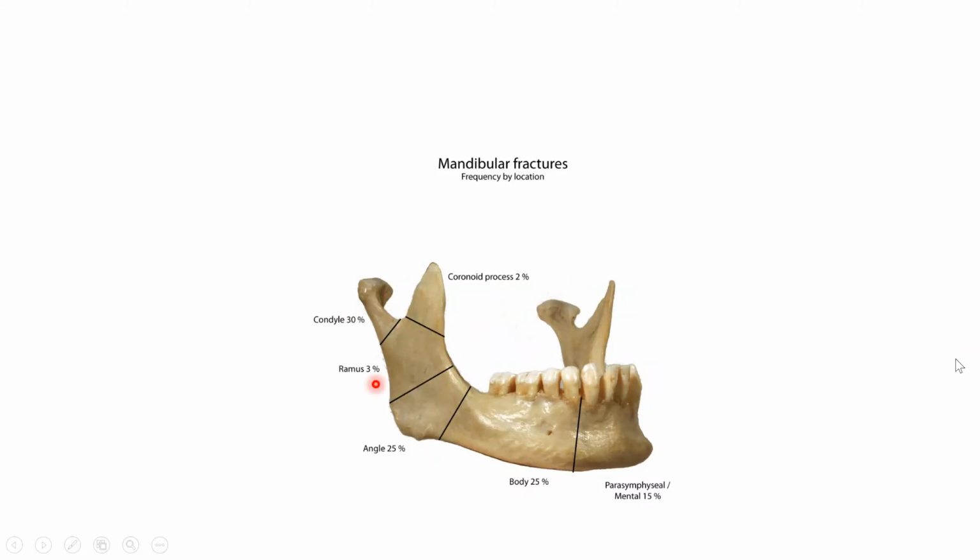And also, there are very few fractures on this because this is very thick, hard bone. And then the rest is 25% at the mandibular angle and at the body and at the parasymphysial ventral region. As you can see here, 15%, 20. It depends on the type of accident, like a car accident, you may have these fractures.